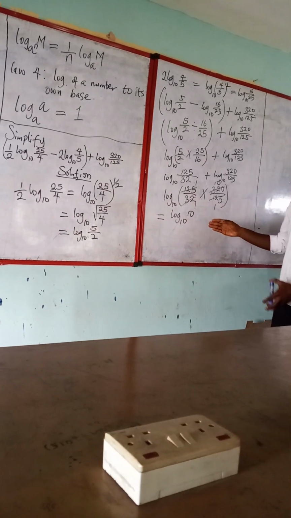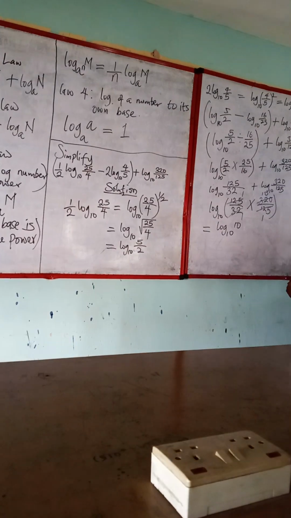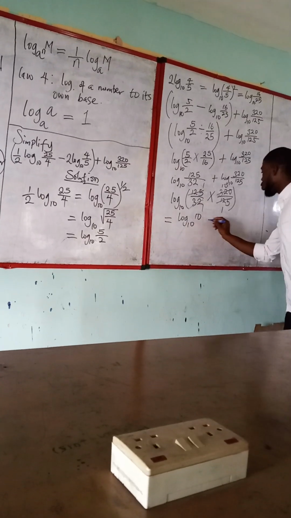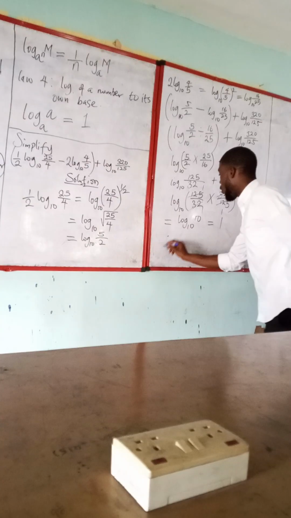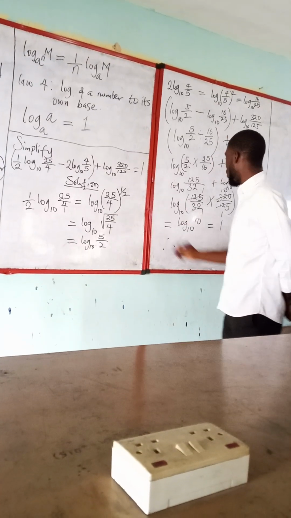Now, what is log base 10 of 10? Remember the last part of the logarithm that says logarithm to its own base. So if you look at this, it is log base 10 of what? 10. And we say that this is always 1. Therefore, what we are solving, everything that we said here is simply equals to what? 1. What are we saying?